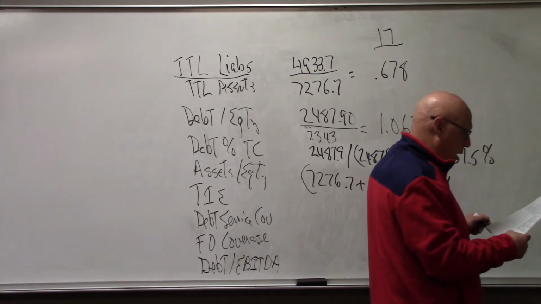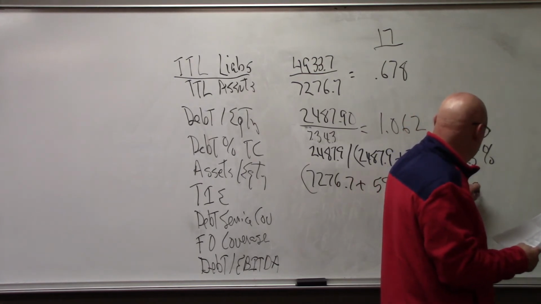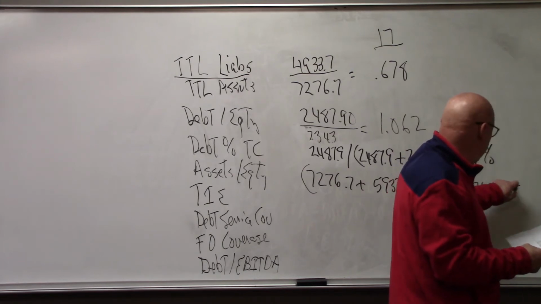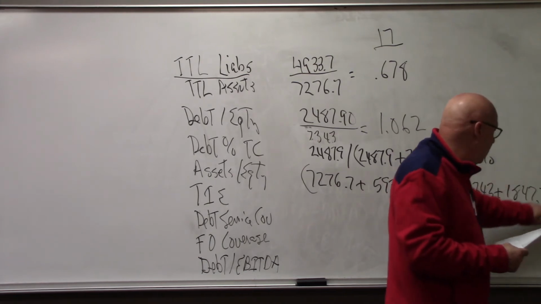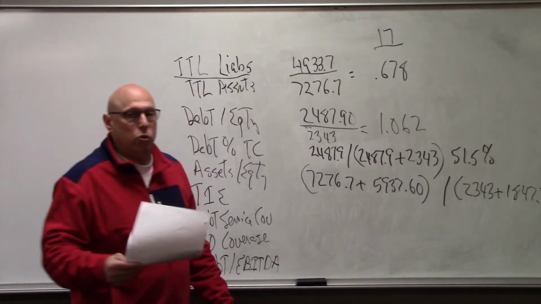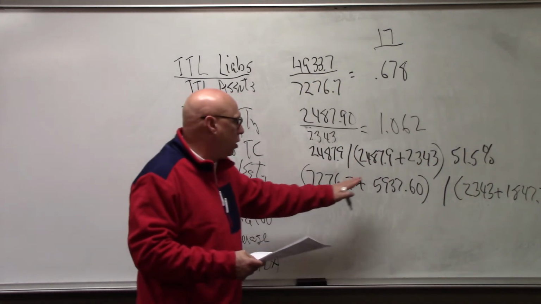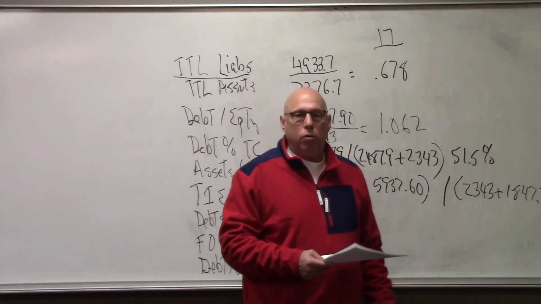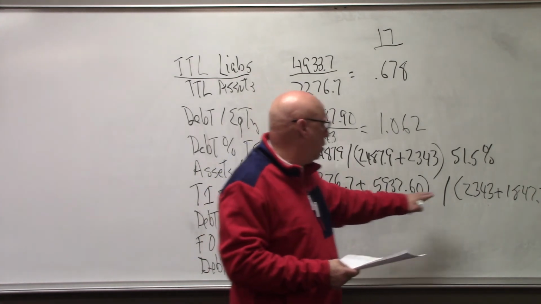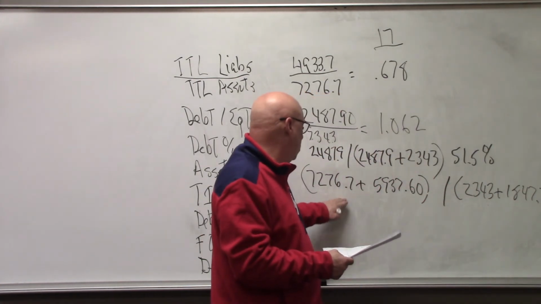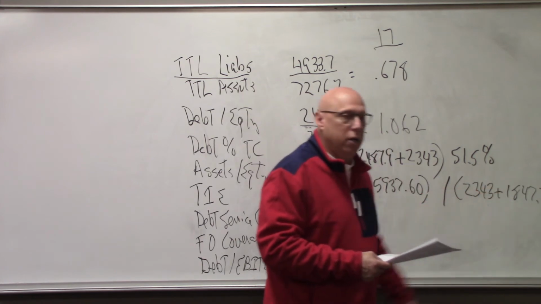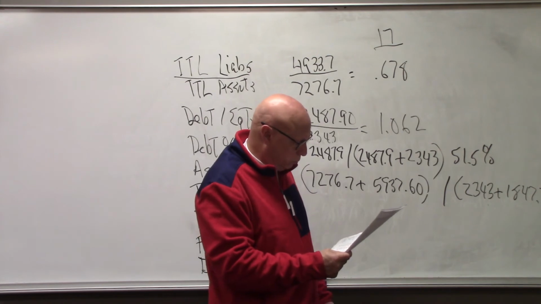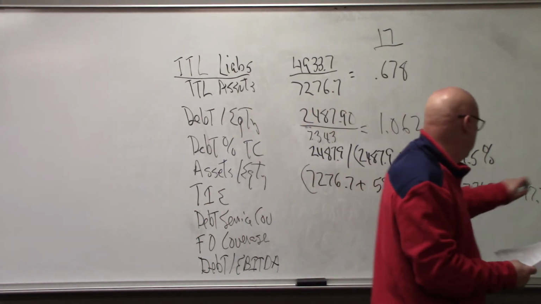So we're going to put 2343 plus 1847.7. Now, let me point this out, and I do in the lecture video. Because we're going to divide both of these by 2 to get the average, that's a step we don't have to take. We can just add these up, and divide your assets by your equity. You'll get the same answer. And the answer is 3.1532.